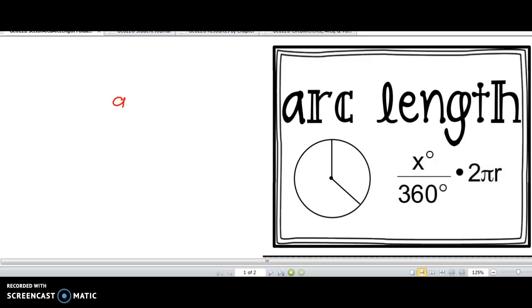So last week we said that an arc length is actually just a fraction of the circumference of the circle. And this is proportional to the measure of the central angle over 360.